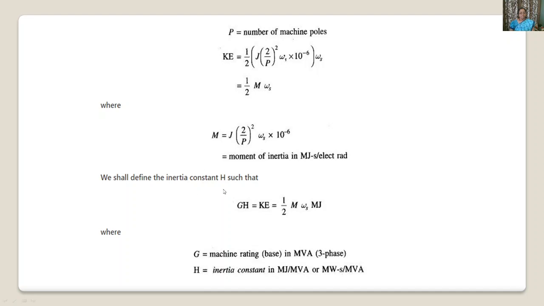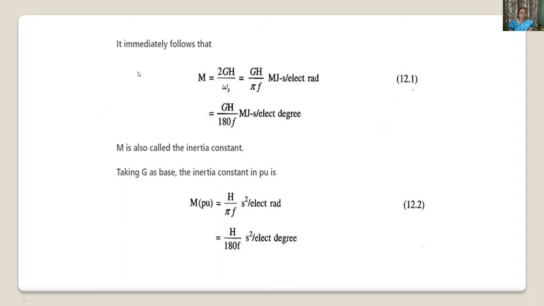Now we'll define the inertia constant such that GH is equal to KE. It is 1 half M omega s megajoule, where G is machine rating in MVA, three phase. Rating is base rating. H is inertia constant in megajoule per MVA or megawatt second per MVA.